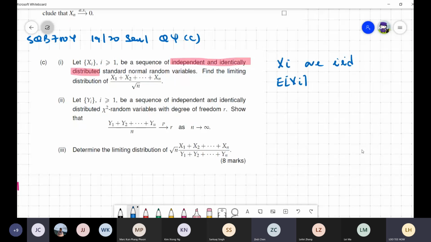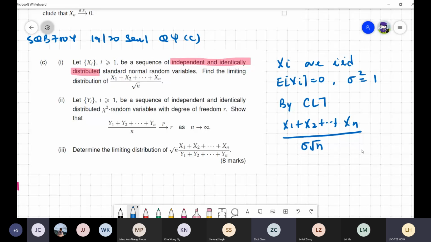That means E of Xi will be 0, and sigma squared equals 1. Since they are IID, we can apply the central limit theorem. By the central limit theorem, we have X1 plus X2 plus up to Xn over sigma root n, which is Sn over sigma root n, and this will converge.